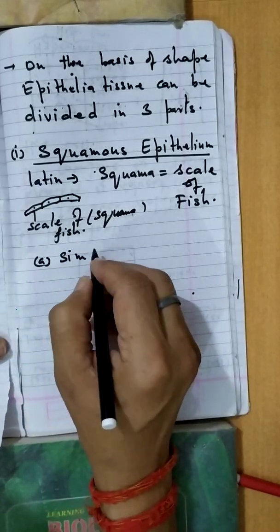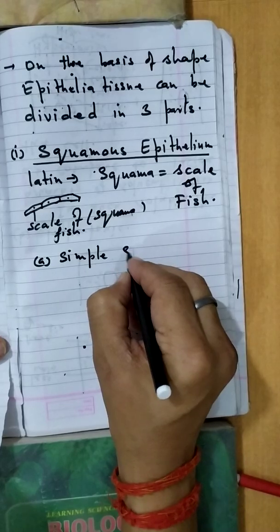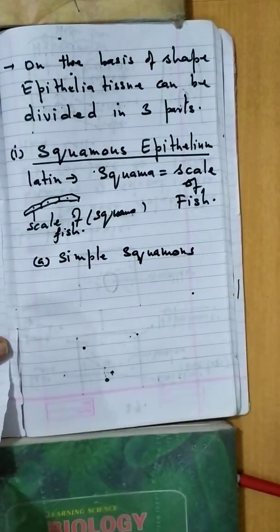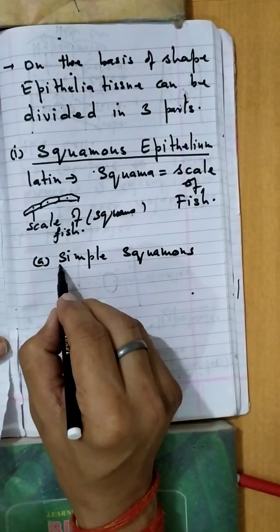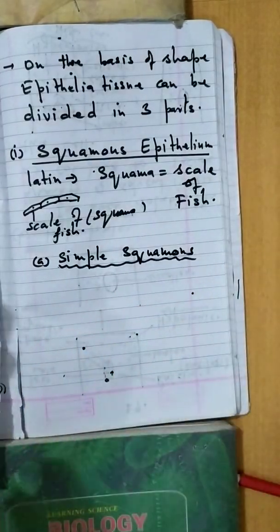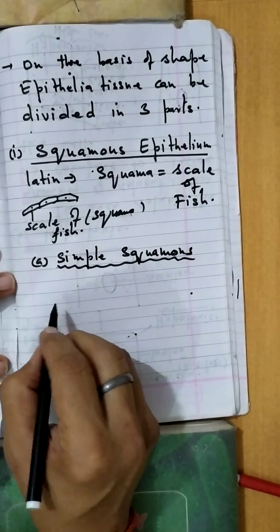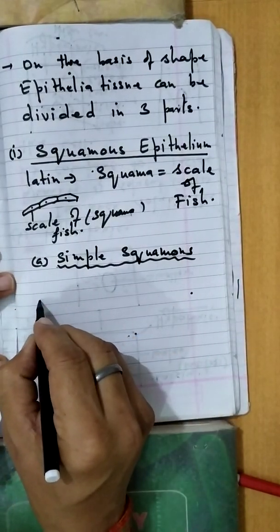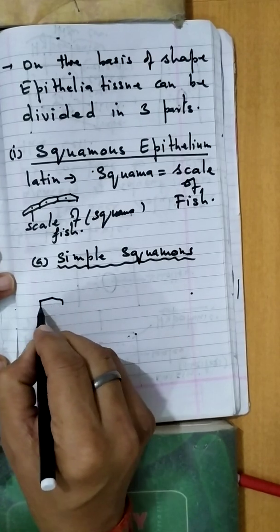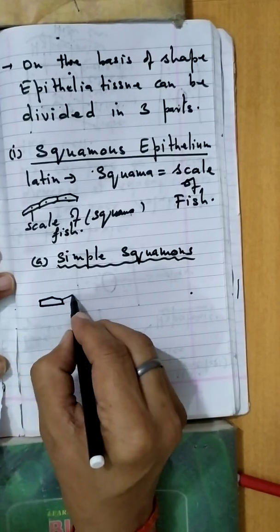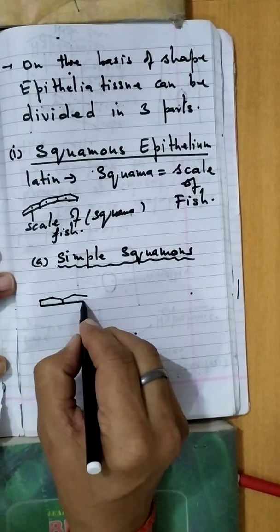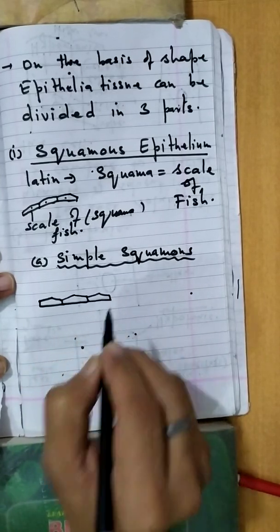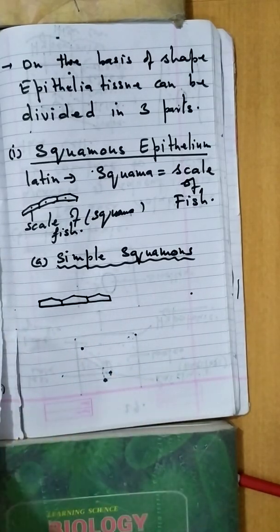simple squamous. Simple squamous, if it is present in a single layer, it serves the function of absorption and filtration, exchange of gases.